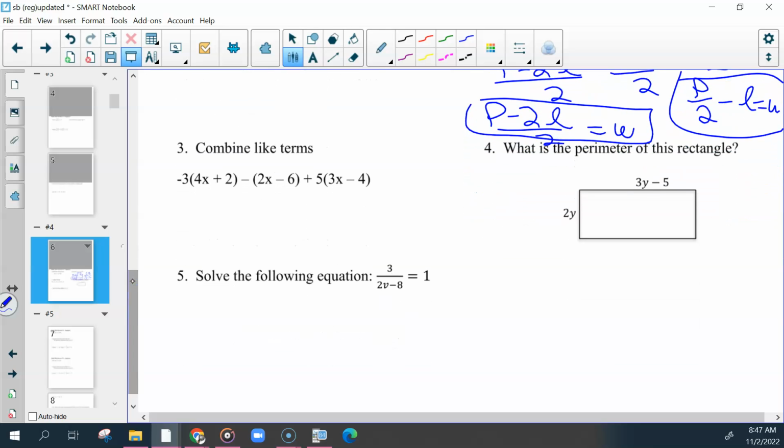For perimeter, we are adding up all the sides. It's a rectangle, so the sides are going to be the same as what's given. So you do one of two things. Add up everything you have, or take what you were given, the 2y and the 3y minus 5, and multiply those by 2.